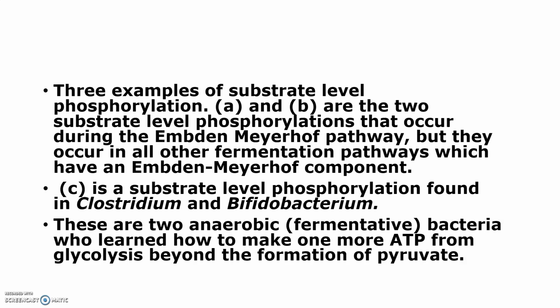Both of them are anaerobes, two anaerobic bacteria that learned how to make one more ATP from glycolysis beyond the formation of pyruvate. So these are all about the glyoxylate cycle and substrate level phosphorylation.